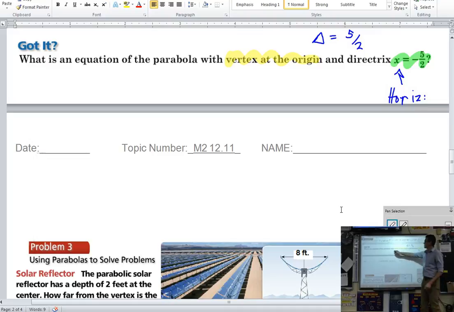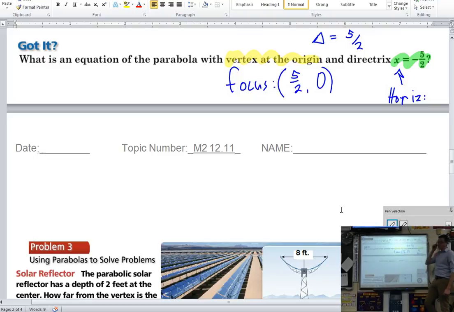Yeah, my focus then is at 5 halves, 0. Because I know it's a horizontal, I'm going to have x equals 1 over 4c y squared.